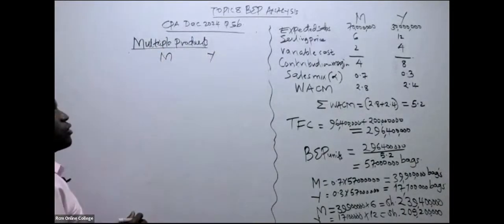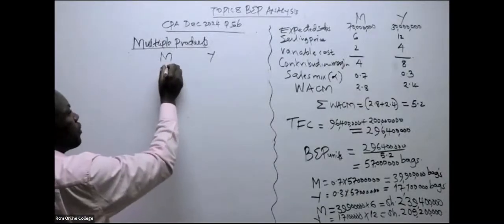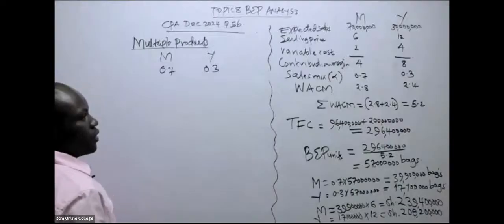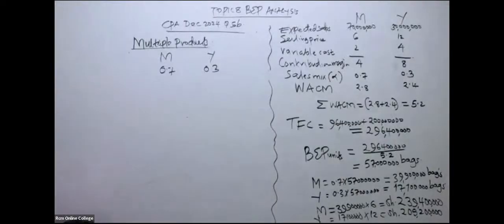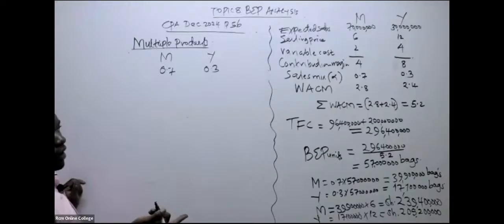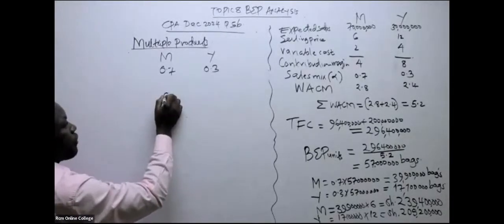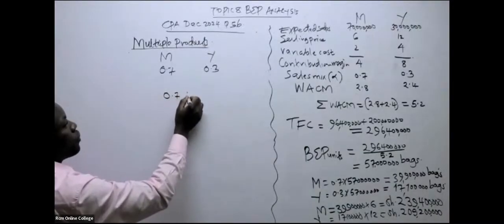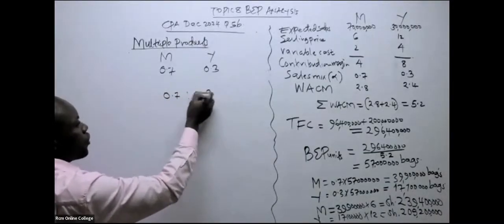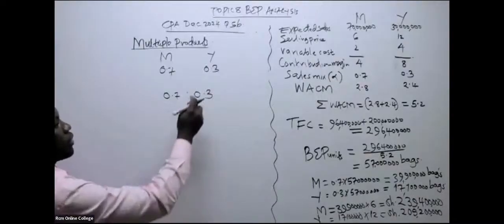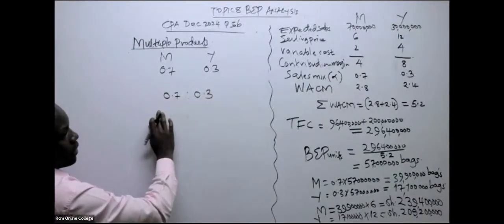So what if in a question you are given 0.7 and 0.3? So the proportion is 0.7 to 0.3. What I will do is very simple. How do I get the proportion? I will say 0.7 is to 0.3, right? Of course, I'll talk about 1, then I have something on this other side.